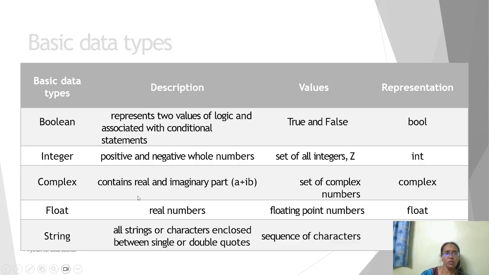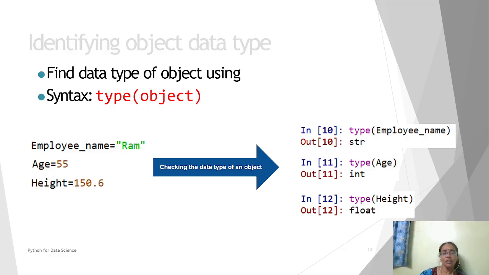Okay, here they have mentioned what kind of data type, that is nothing but the integer. So these are some of the basic data types: boolean, integer, complex, float and string. Boolean we represent as bool, integer as int, complex as complex, float as float, string as str. If I want to find what kind of data type it is, I have to use the keyword.